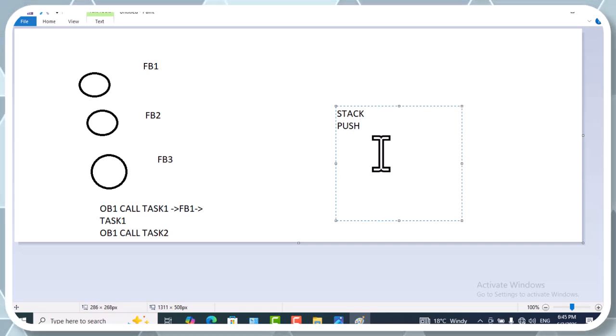Push, for example, the return address 400, and after FB1 returns, our operating system and OB1 block call the pop instruction, which returns the last address from the stack, and our OB1 block continues its operation.